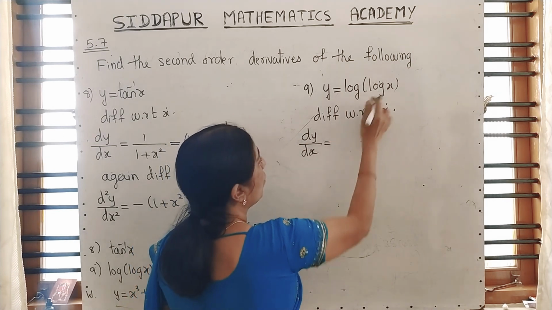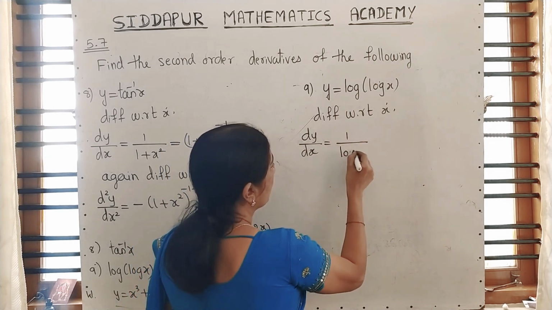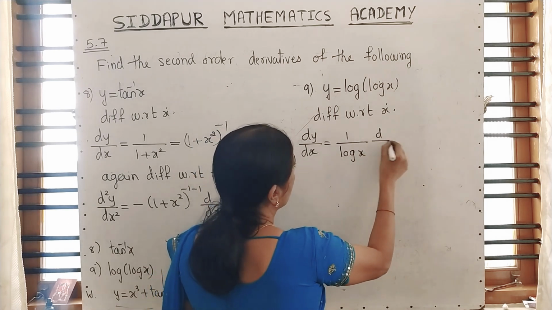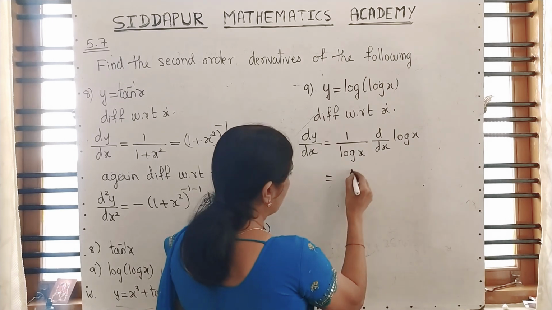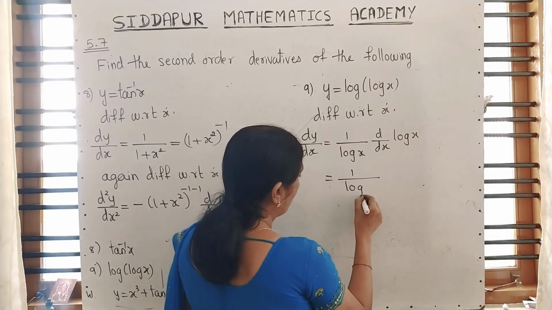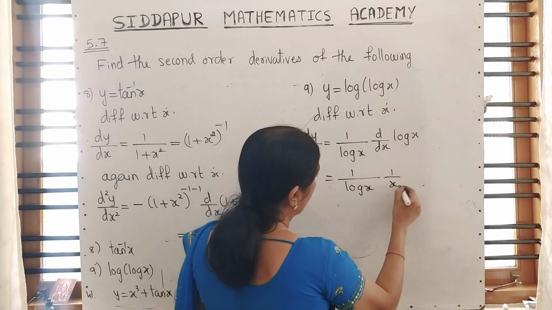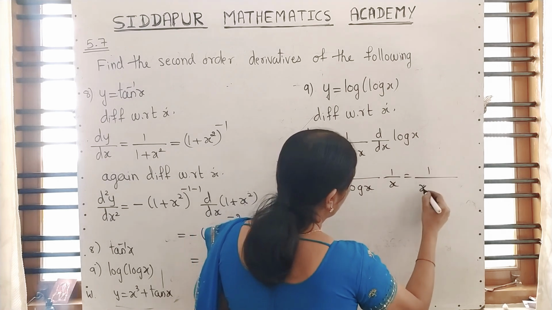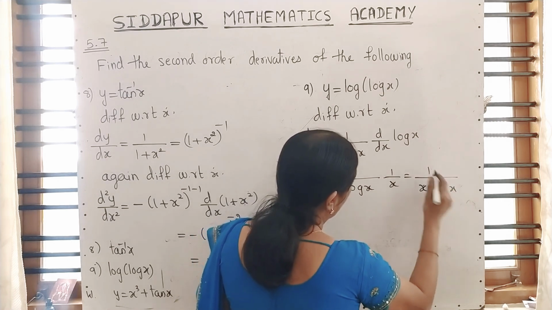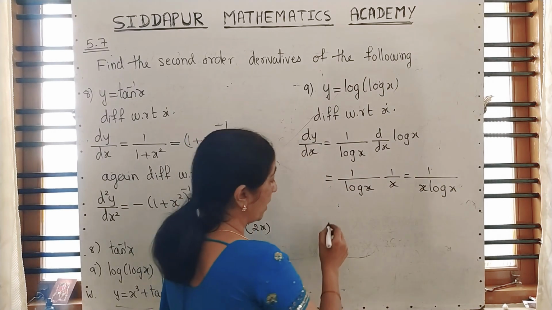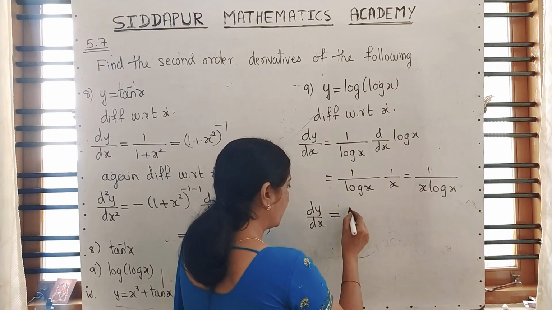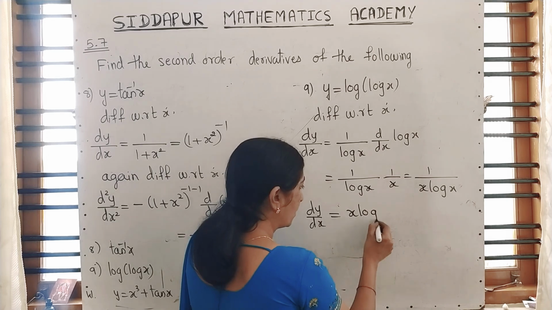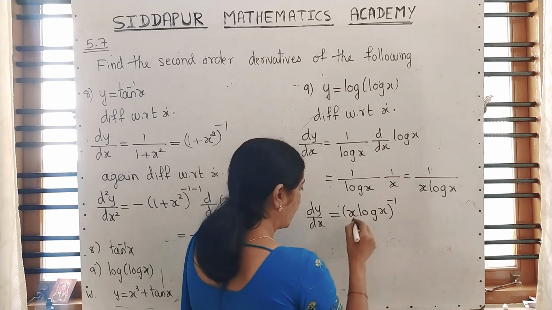Differentiation of log x is 1 by log x into differentiation of log x, that is 1 by log x into 1 by x. So it is 1 by x into log x. In the numerator we don't have x, that's why I am writing the first derivative as x log x raised to minus 1.